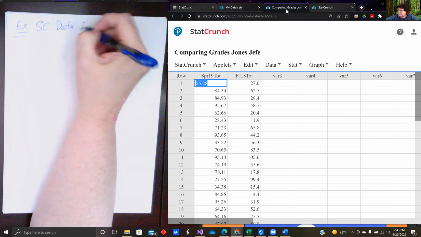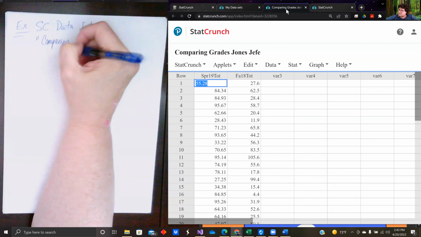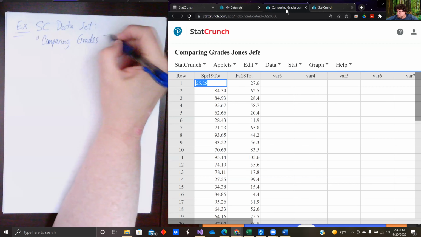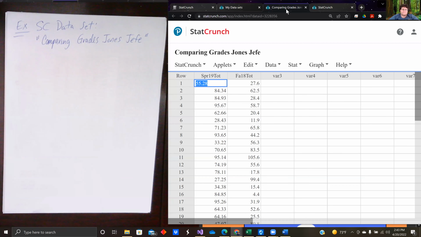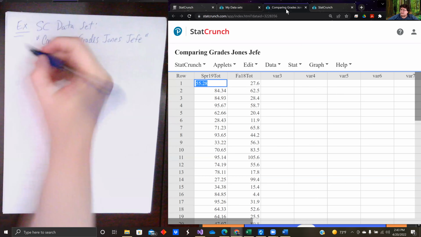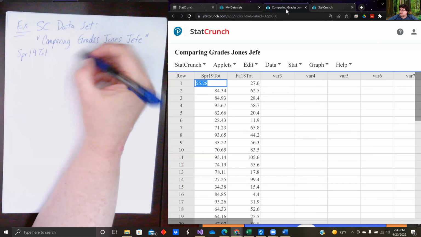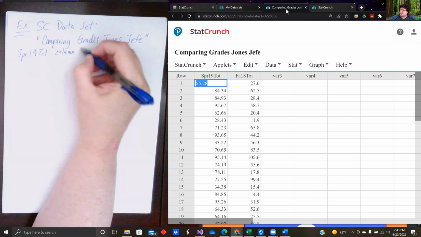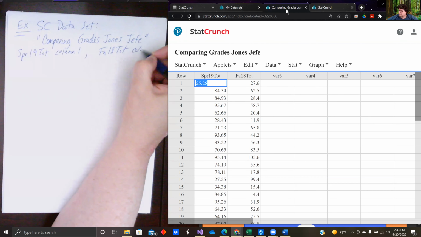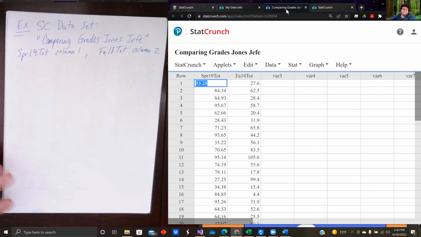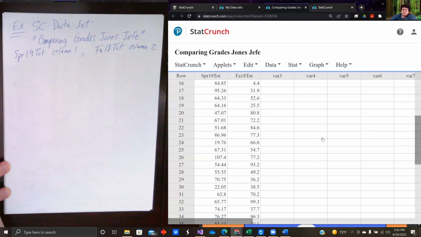So the StatCrunch data set is Comparing Grades Jones-Hefe. And we have data sets that say Spring 19 Total in column 1, and Fall 18 Total in column 2. And it's got quite a bit of data in there.